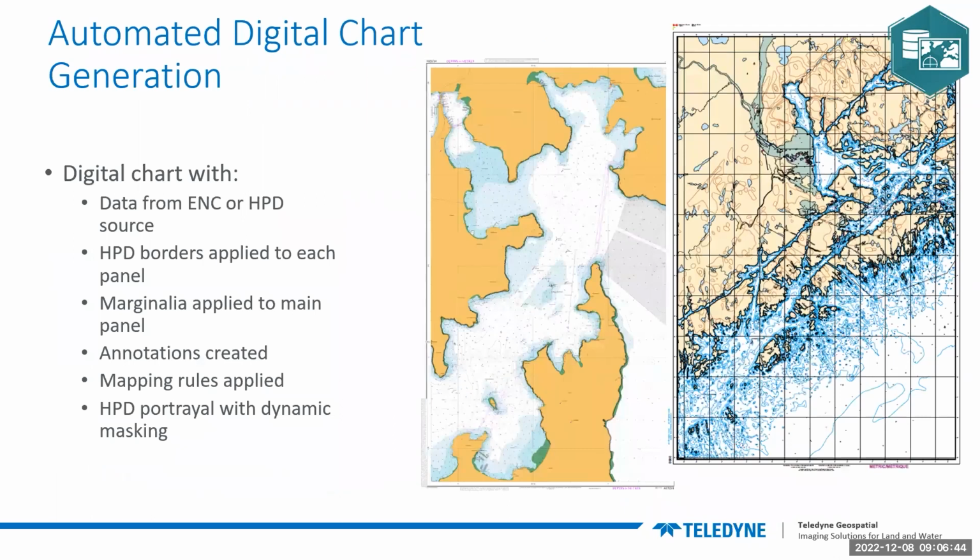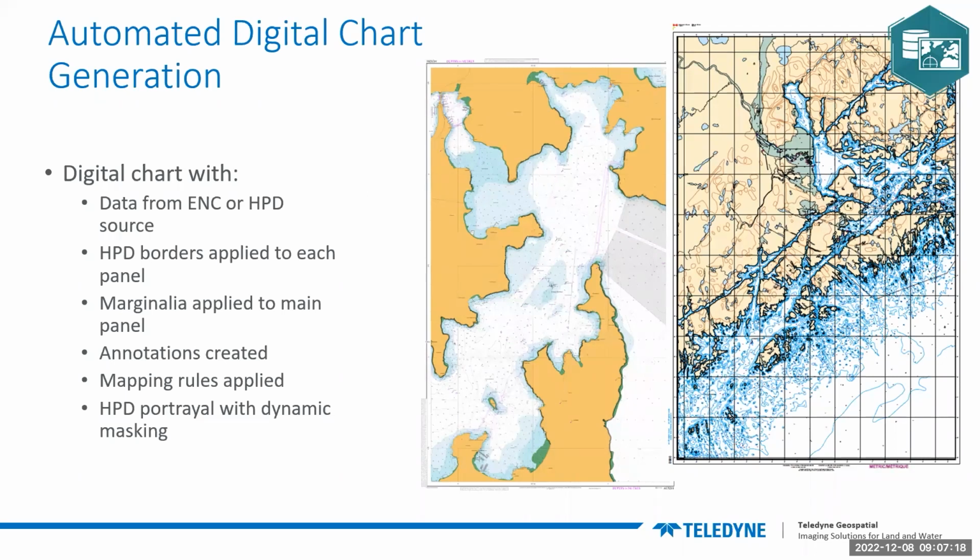So as I've spoken to in that diagram, these are two examples of charts that have been produced with zero manual intervention. So you can see that it's preserved the presentations of these two different HOs. So this is leveraging those paper chart portrayals that you've already invested time and money into and repurposing them through automation to make an automated product.